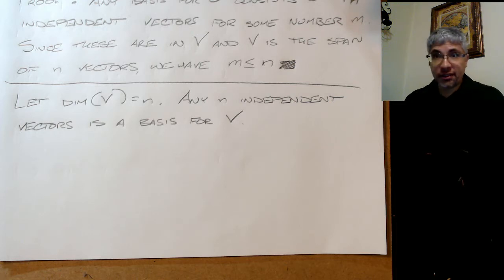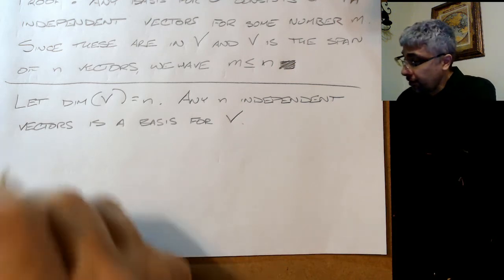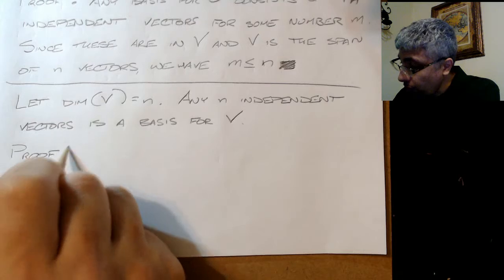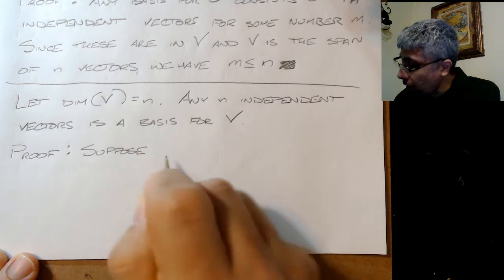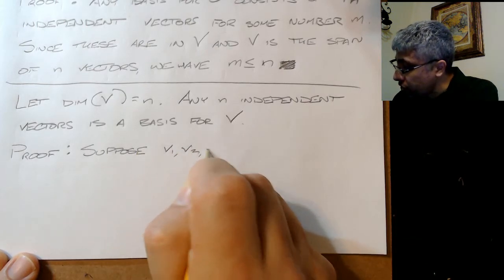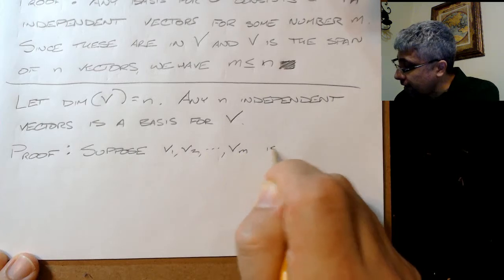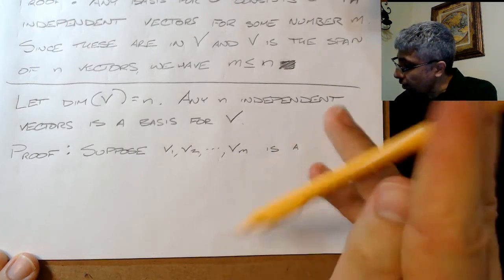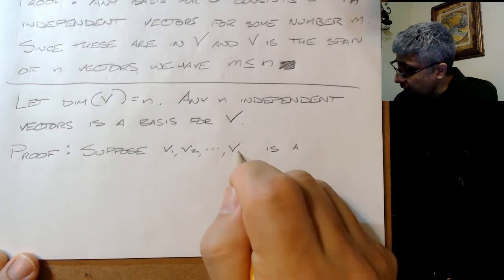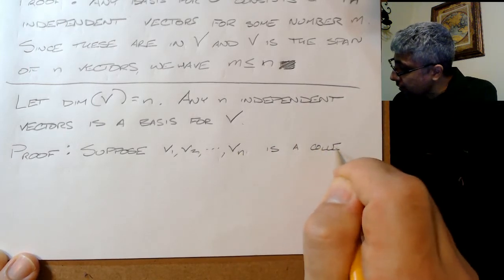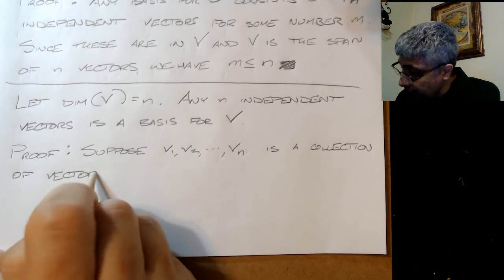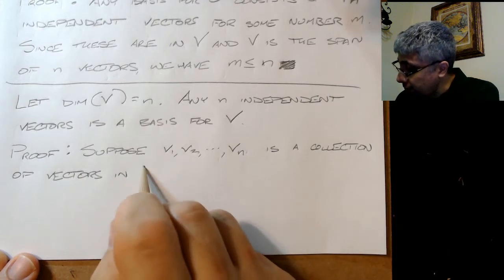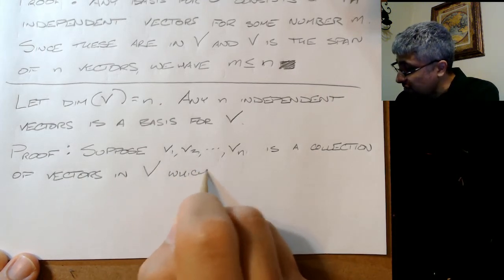Okay? Well, there's actually a number of ways to do this. One way is to start with fewer vectors. So for example, proof: to try to start with fewer vectors, we can't. Suppose v1, v2 through vn is a collection of vectors in V which are independent.